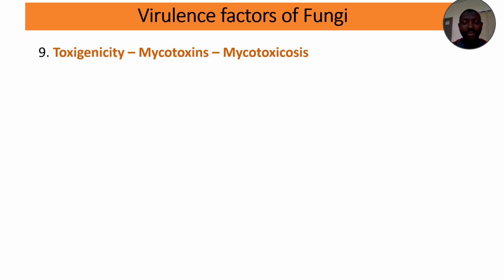Toxigenicity is the production of toxins by fungi, and these toxins are called mycotoxins. Toxins produced by fungi are called mycotoxins, and the diseases resulting from mycotoxins are called mycotoxicosis.